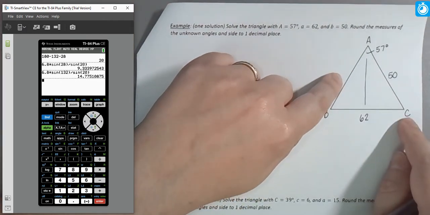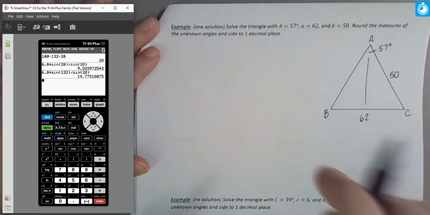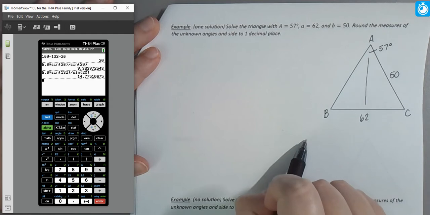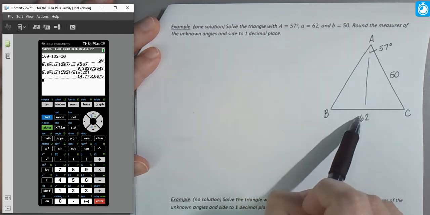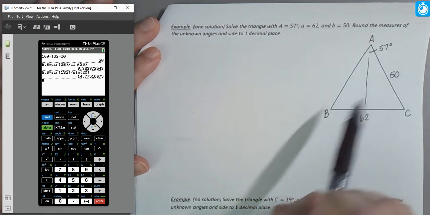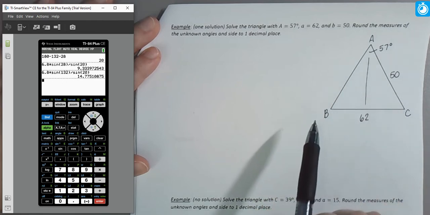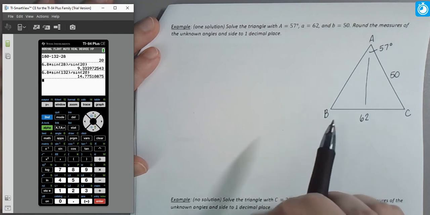Now because we don't know anything about either of the C's, that locks us into the only unknown we can find, which is going to be angle B. So angle A to side A, angle B to side B. This is the only thing we can solve for based on the fact that both of the C values are unknown. So let's set up the ratio.